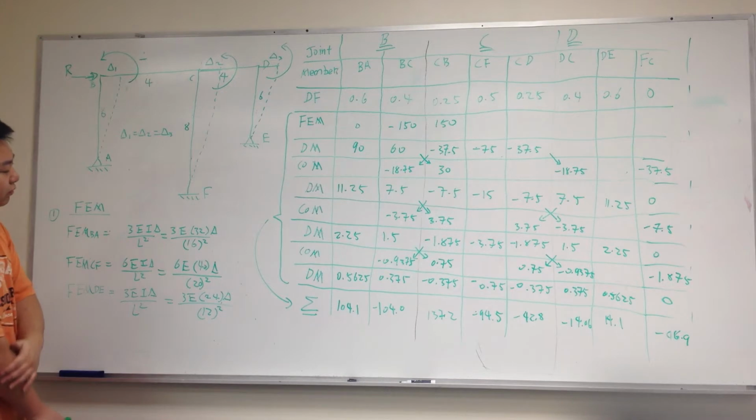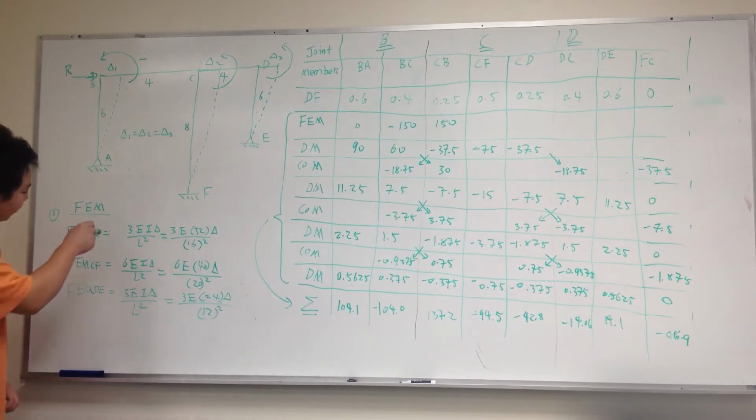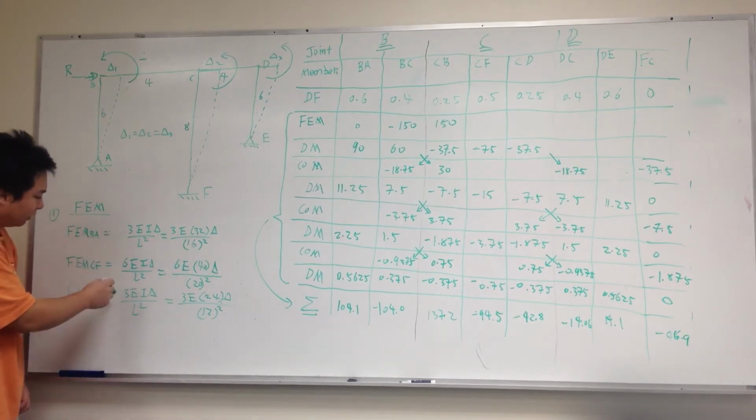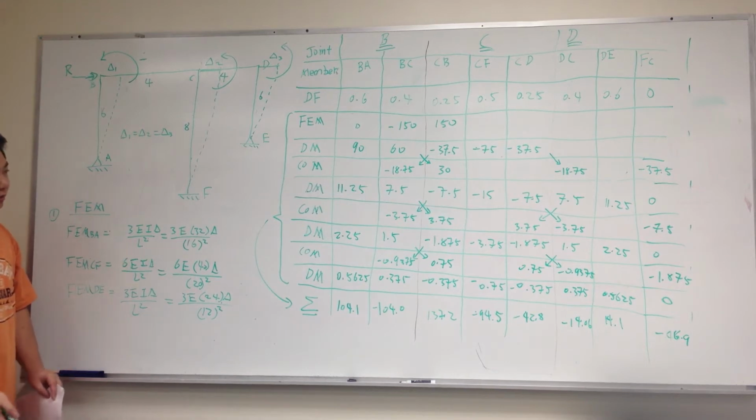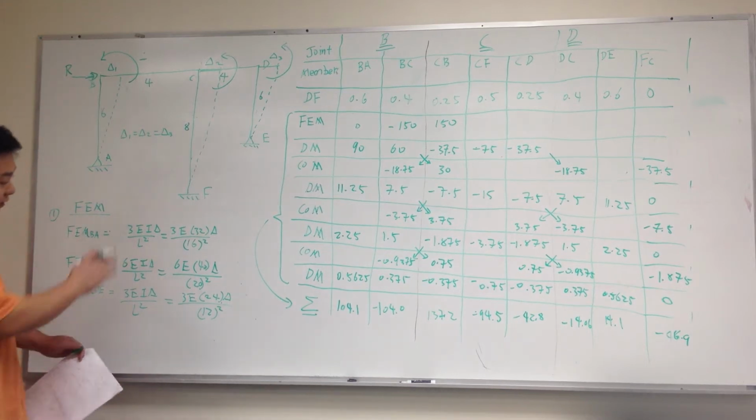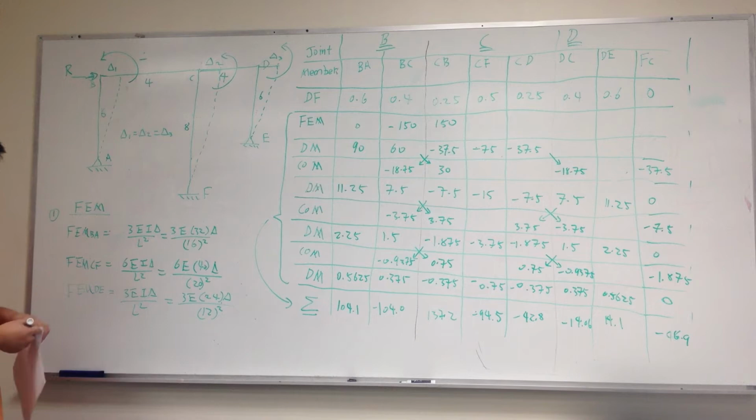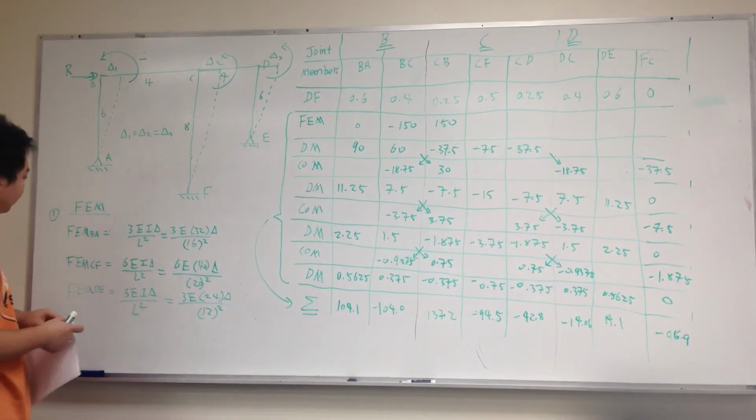So what you're gonna do, you just pick one of them, anyone, to set equal to 100. It's not gonna affect your numbers and results. For example, I pick fixed end moment BA equal to 100.